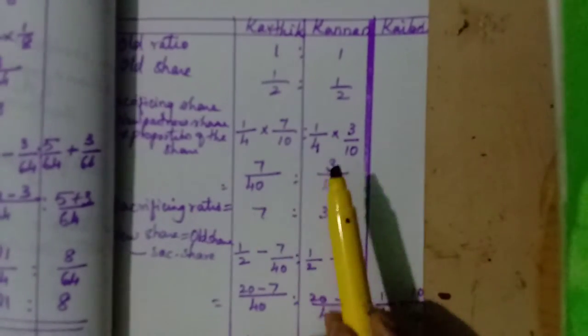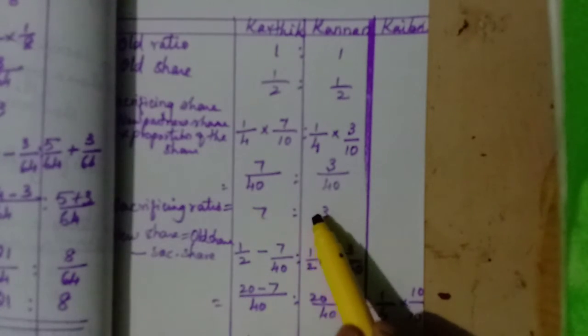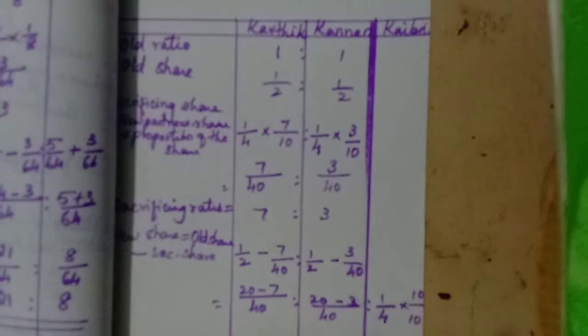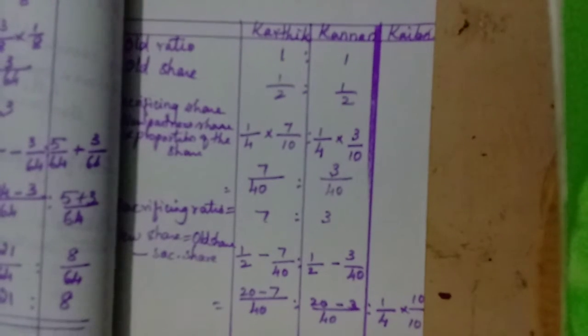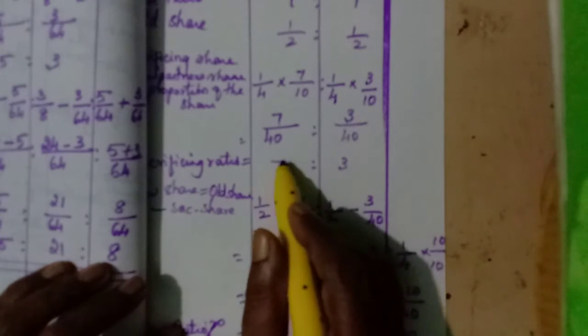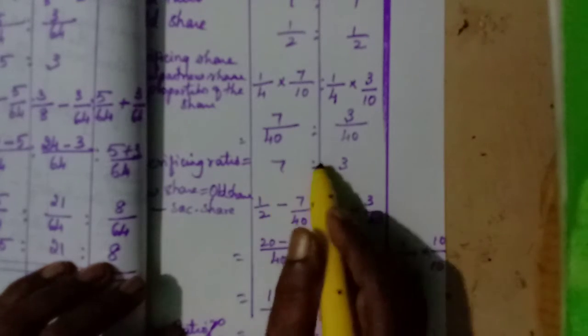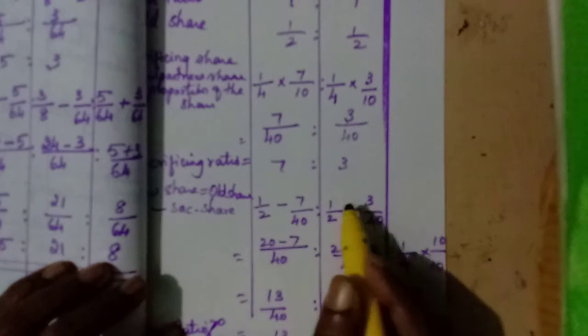In the last problem, the 14th exercise, they have given the sacrificing ratio, 7:3. Here they have given equally, so we take this as 1:1. So 1:1 means 1 by 2, 1 by 2.